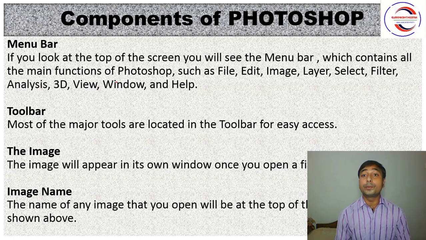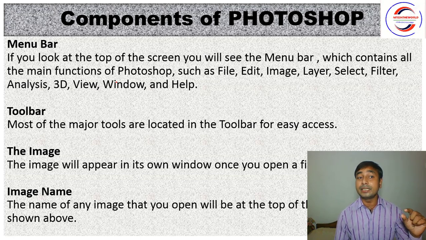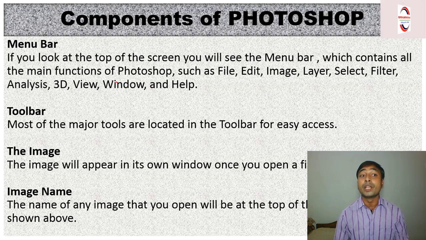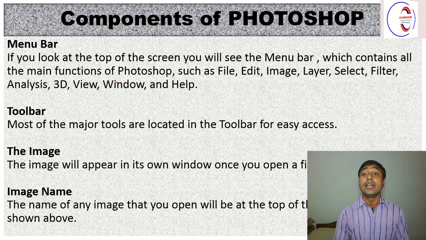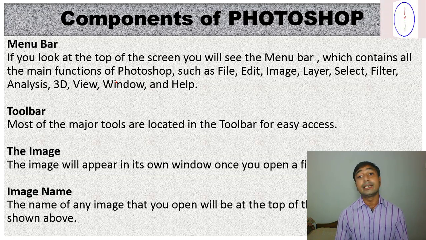The first component of Photoshop is the menu bar. In the Photoshop window, the first section appears at the top corner, known as the menu bar, which contains all the main functions of Photoshop, such as File, Edit, Image, Layer, Select, Filter, Analysis, 3D, View, Window, and Help.